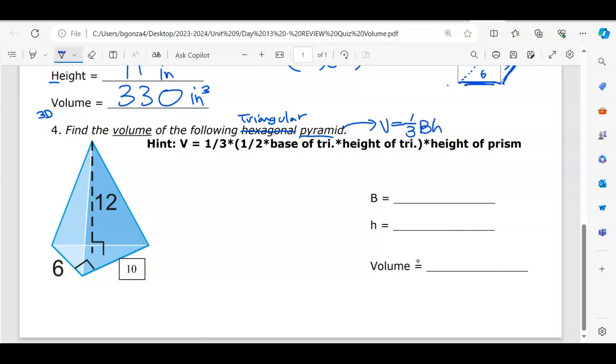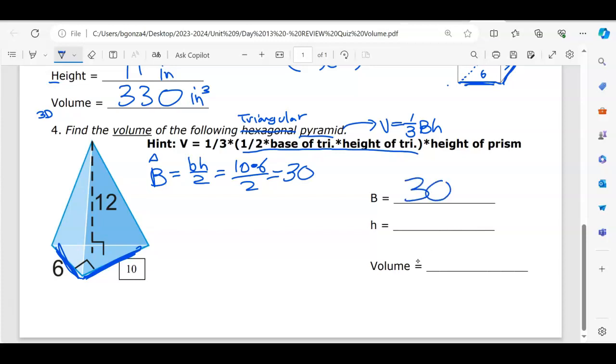Now, to find big B of a triangle, okay, it's B times H over 2. That's what it was trying to say right here. But this is base of the triangle times the height of the triangle divided by 2. So I'm just looking at the bottom triangle. The base is 10, the height is 6. 10 times 6 is 60 divided by 2. So you get 30 for your big B.